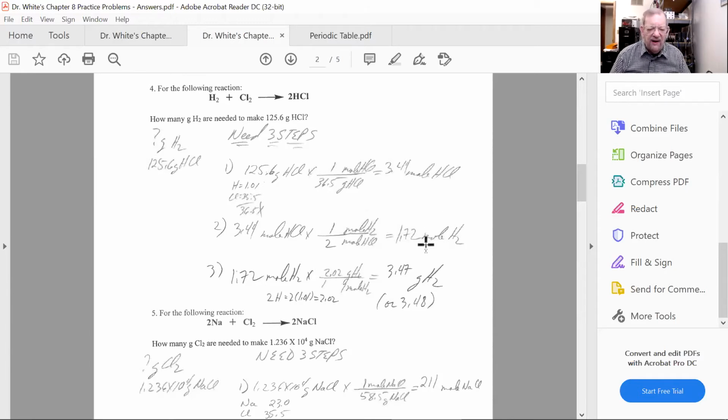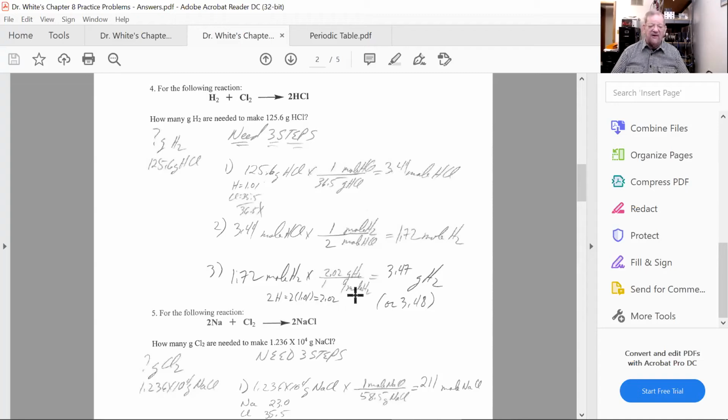Now, how do we do step 3? Step 3 is moles of what we just calculated. We convert to grams of that molecule, which is the answer we want. We're going from moles of hydrogen to grams of hydrogen. How do we do that? We use your good buddy, your good friend, unit analysis. Whatever I'm trying to get to goes on top, grams of hydrogen.